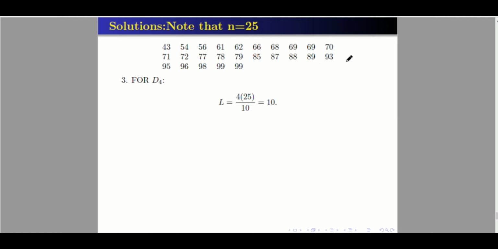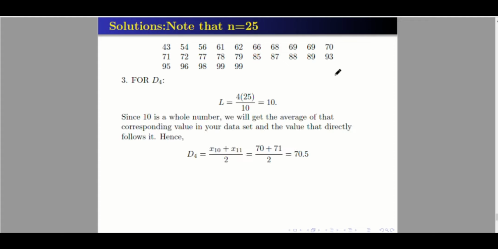And the last examples are for deciles. So 4 times 25 is 100, divided by 10 is 10. This is a whole number. So we'll take the average of the 10th and 11th. So 70 plus 71 divided by 2 is 70.5. Now since this is a decile, every subdivision is 10%, right?